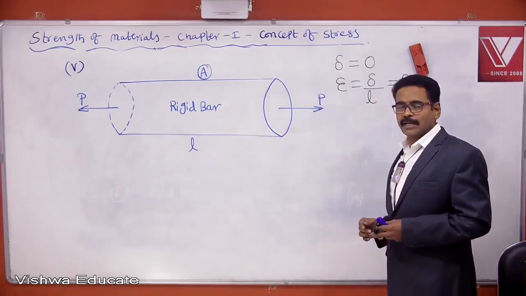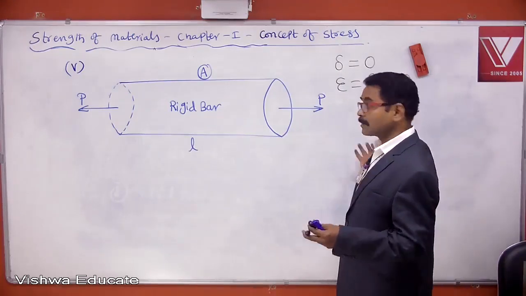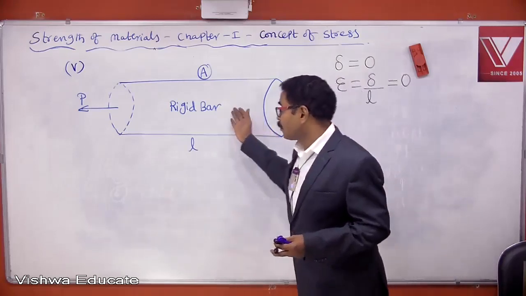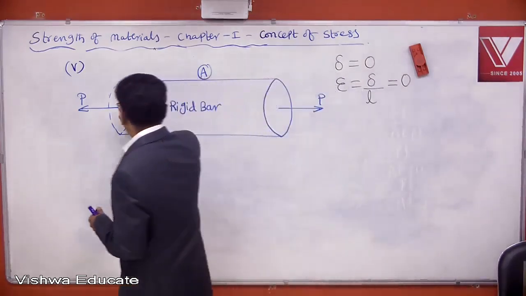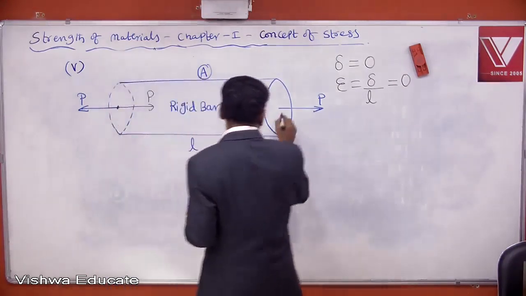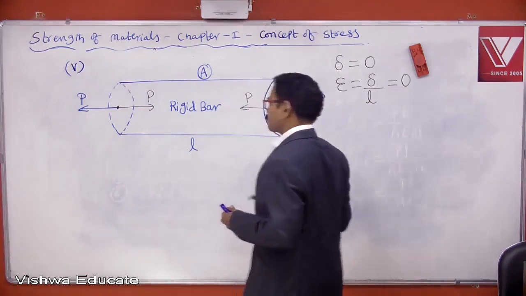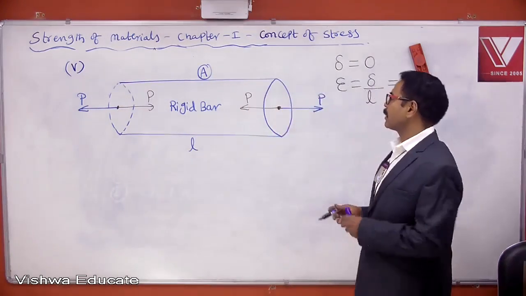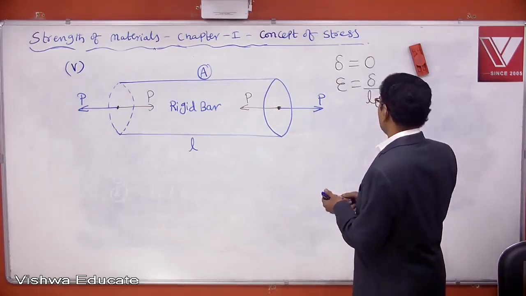But what about stress? You know, this bar will be in equilibrium. If this bar is in equilibrium, about this point a resisting force of P will develop. So here resisting force is P, area of cross section is A. So is stress 0, or is stress available?